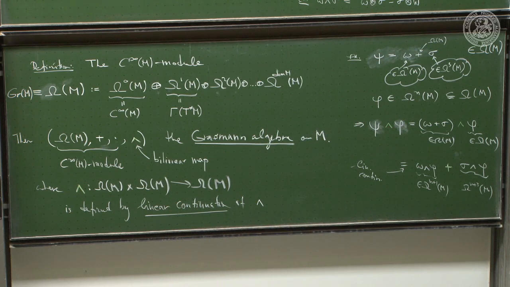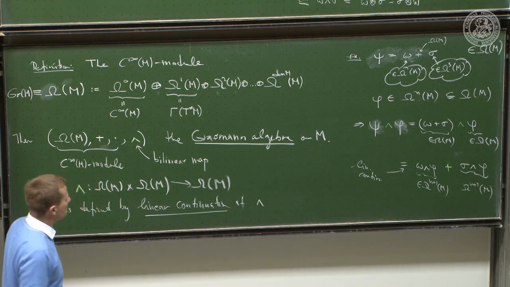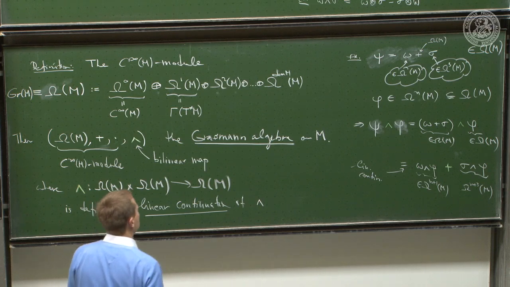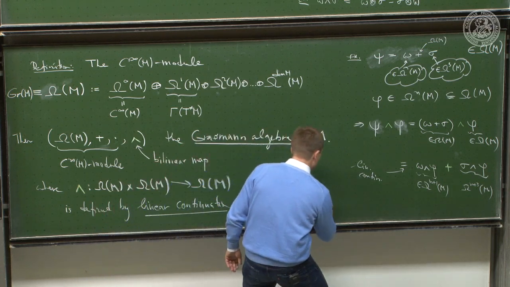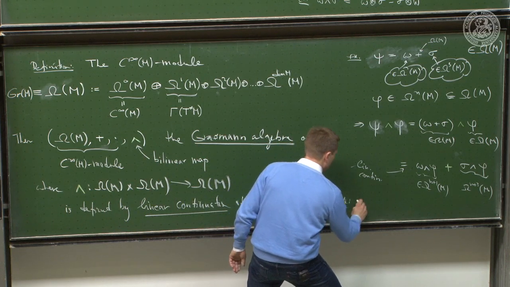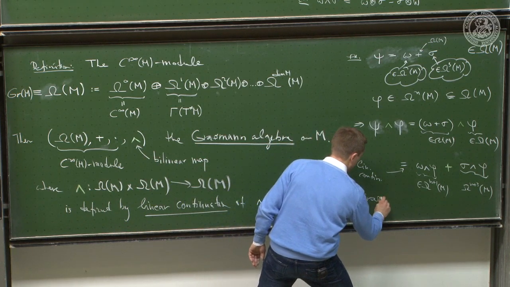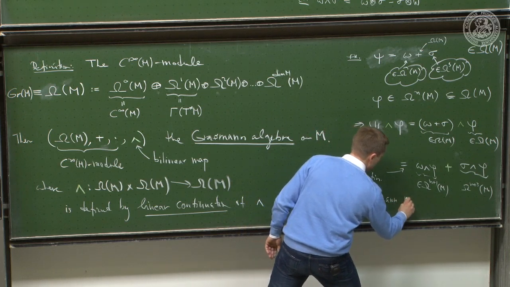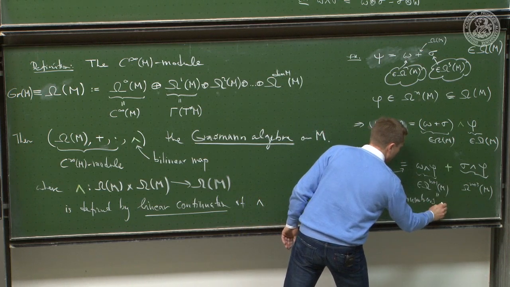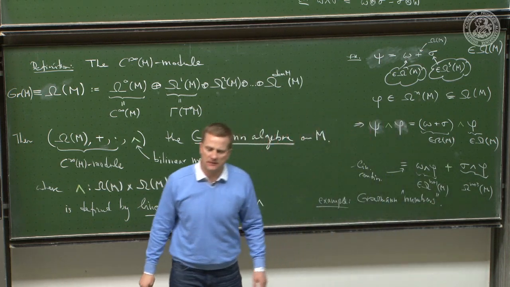Okay. So we have this wedge, and this makes the so-called Grassmann algebra. So there is a lot of talk about Grassmann numbers. So I say, for example, Grassmann numbers, and they're used particularly in supersymmetry.